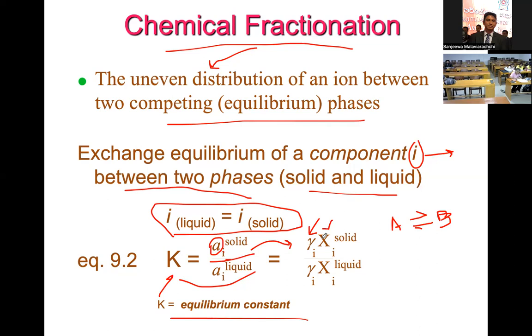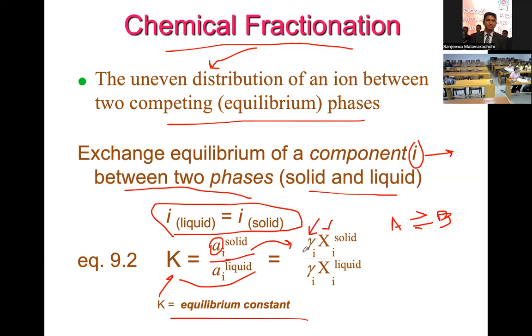If you have concentration terms, then you need to know the activity coefficient, how to calculate it. For that, you have to go for a separate formula. Ionic potential and all, you will have to get into.